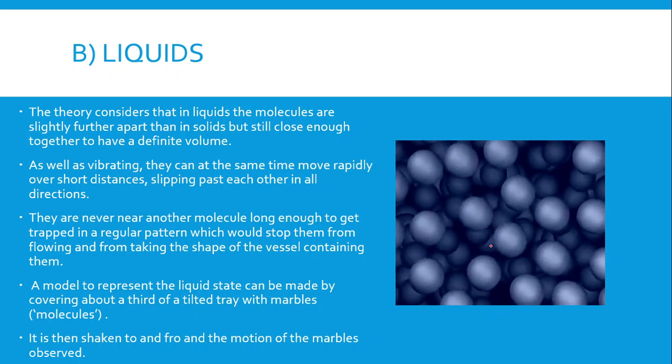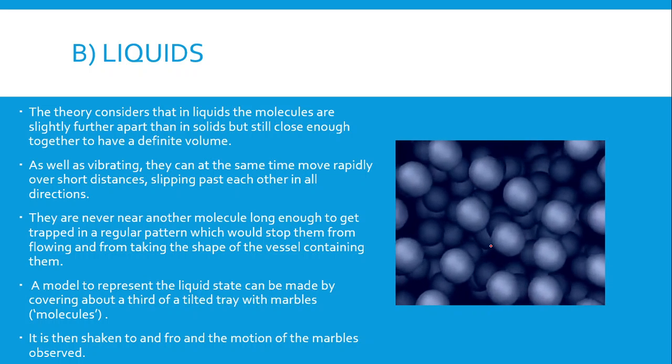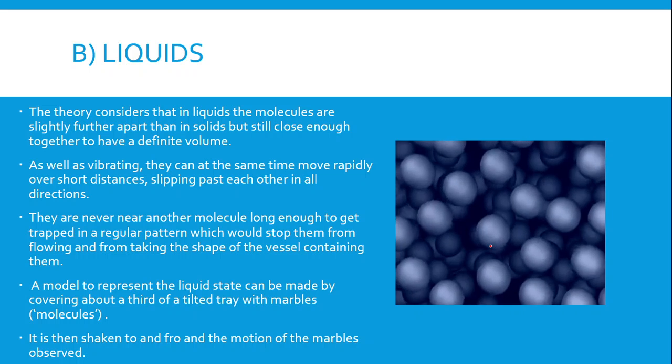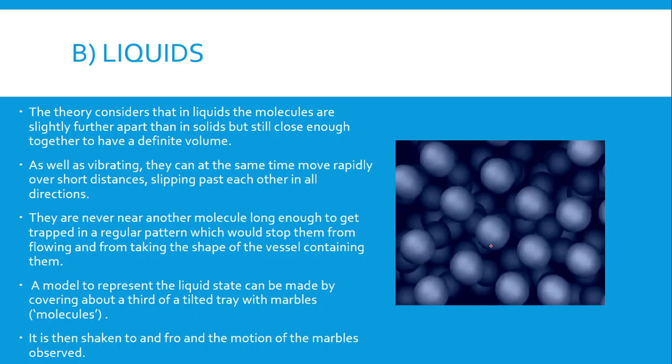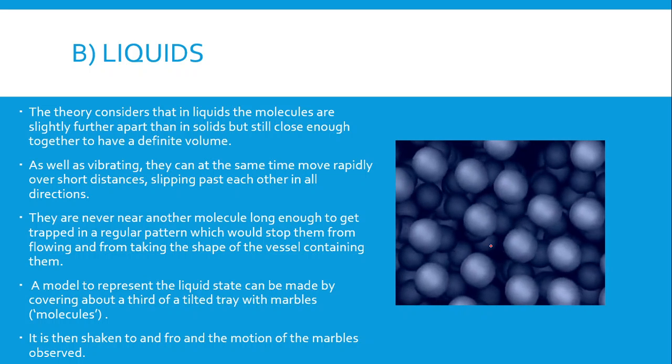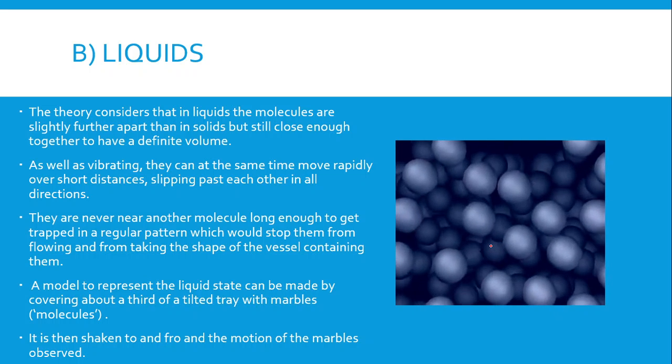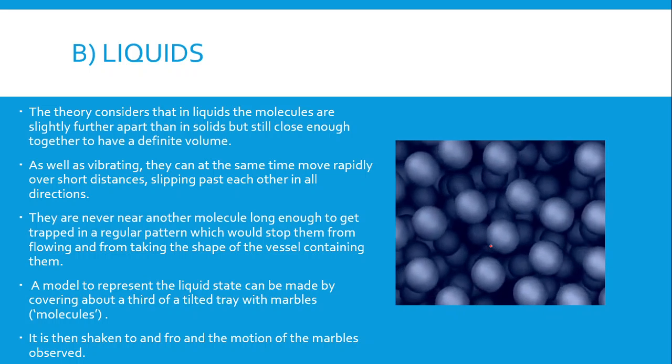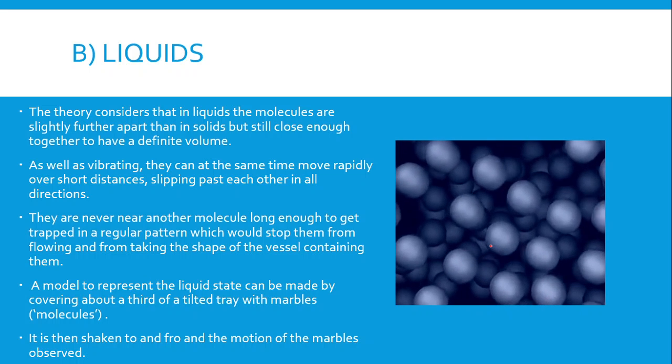When this balance of arrangement is disrupted in one way or the other, and the molecules start sliding over one another, then the state that we are in is called the liquid state.